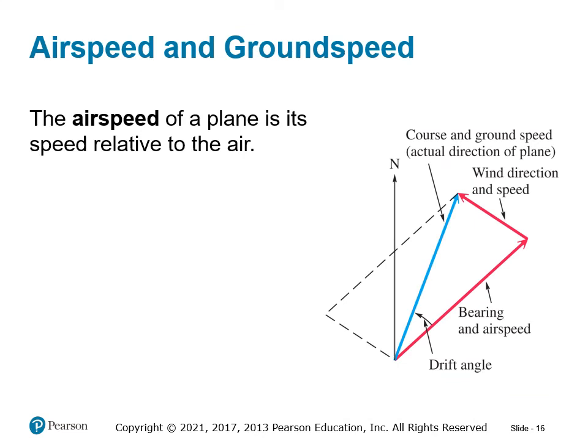Okay. These problems with airspeed and ground speed can be very confusing. These are also about building a vector and resultant, so you need to understand how this works. The airspeed of a plane is its speed relative to the air.